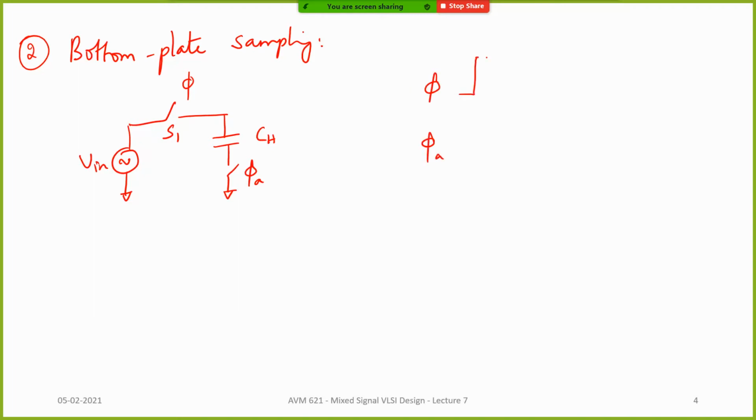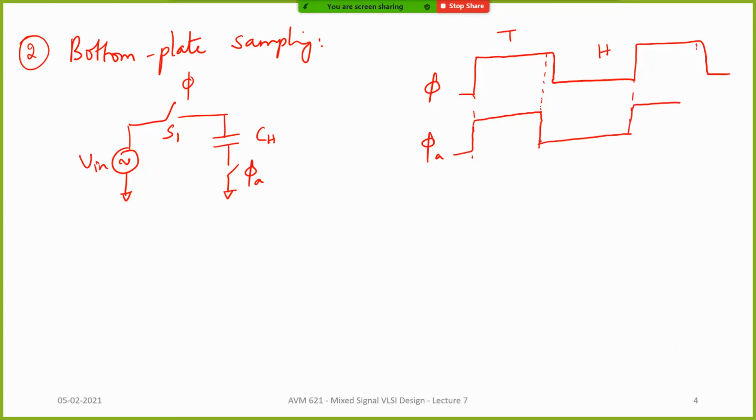Now, how this phi and phi A work is like this. Let's say this is your phi, this is your track phase and this is your hold phase. Your phi A is going to be like this. It's going to turn on along with phi, but just a little time before the phi turns off, you will turn off this phi A. Some people say phi A advanced, phi delayed, whatever.